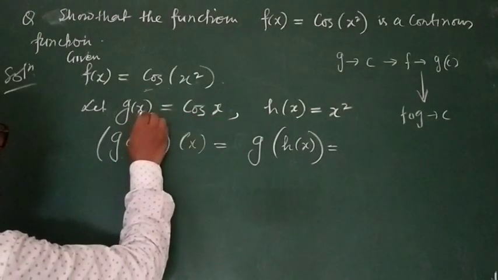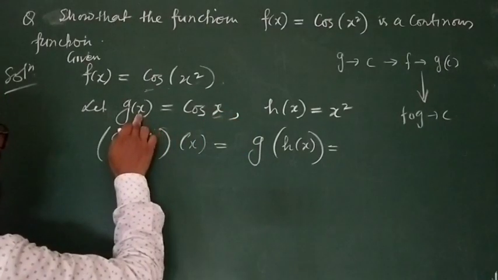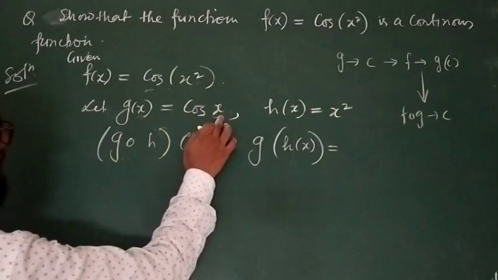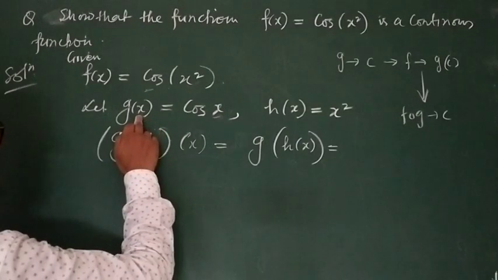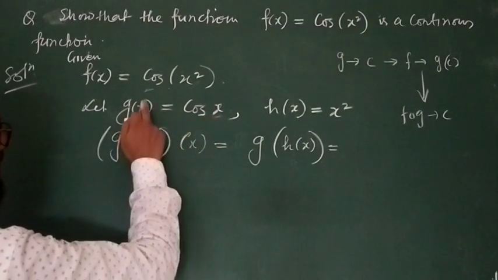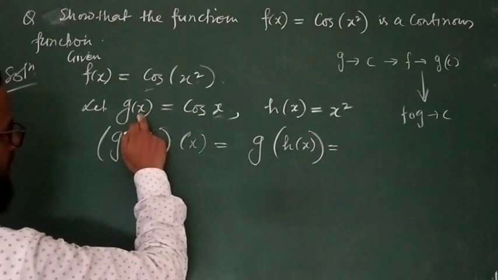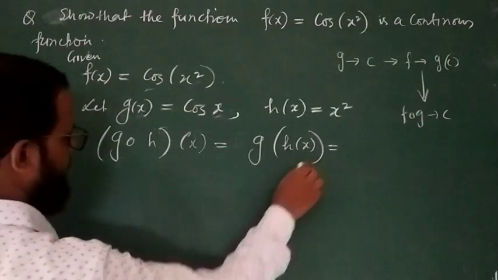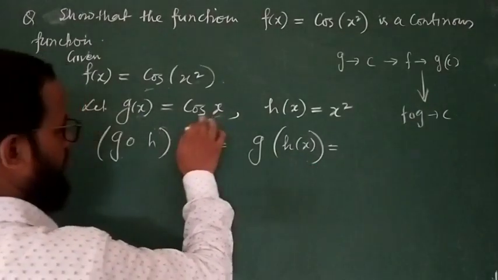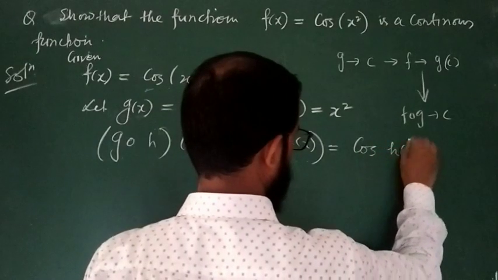If you replace x by anything, you can replace this x also. If you replace x equal to 3, then it is cos 3. Suppose x equal to pi by 2, then it is cos pi by 2. So if this x is replaced by h(x), x के जगह में अगर h(x) लिखो तो हमें ये मिल जाएगा. And finally the right hand side will be cos h(x).